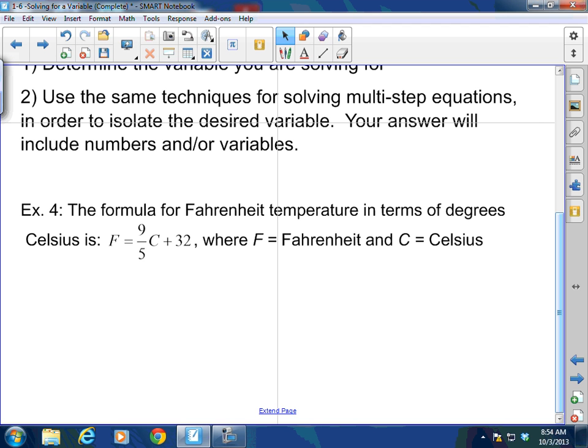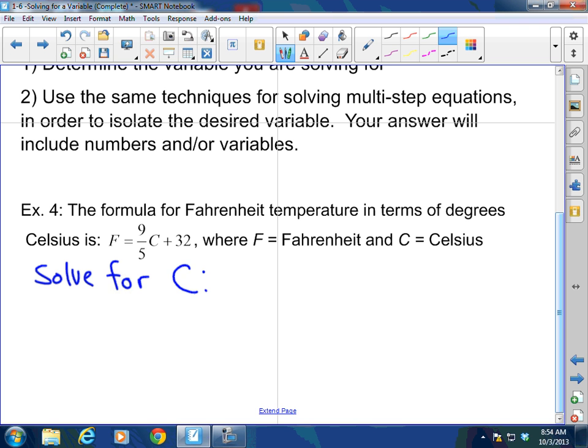Simple, simple. The formula for Fahrenheit temperature in terms of degrees Celsius is F equals 9/5 C plus 32, where F equals Fahrenheit and C equals Celsius. Okay? I want right now, guys, I want you to solve for Celsius.